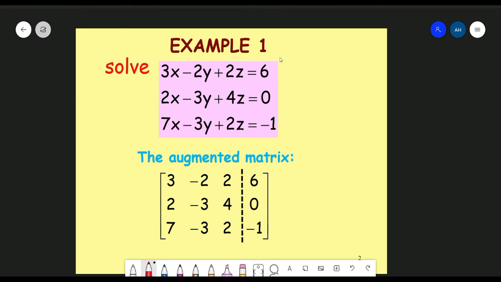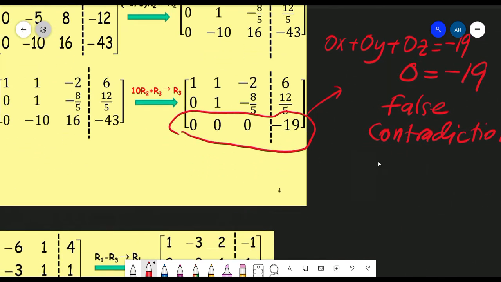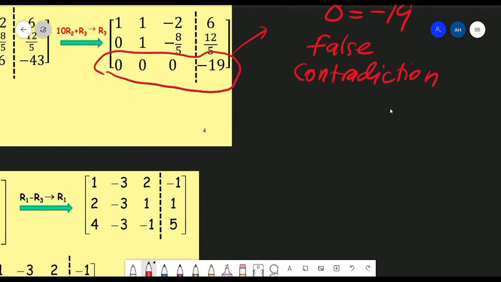That's the conclusion we can make from our observation here. Therefore, the system of linear equations has no solution.